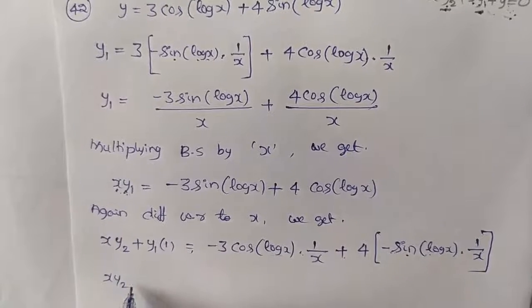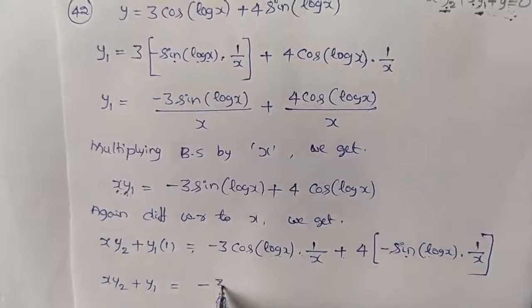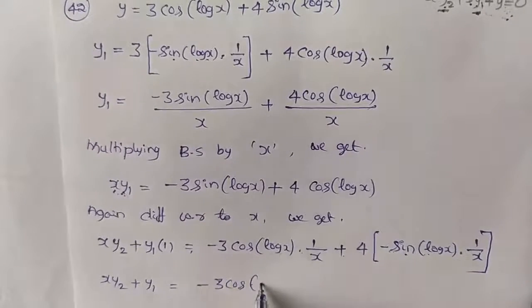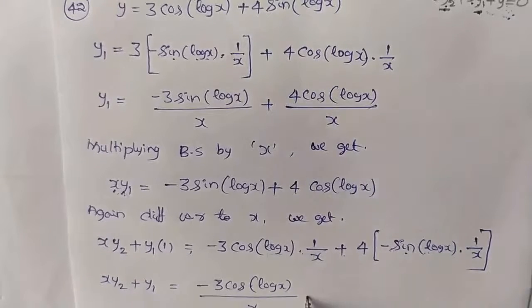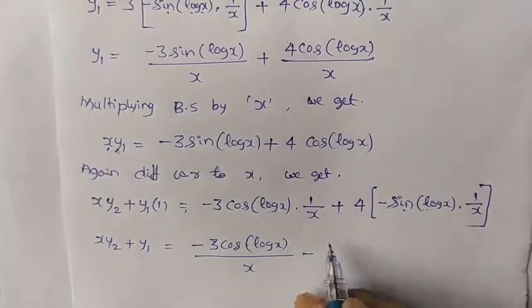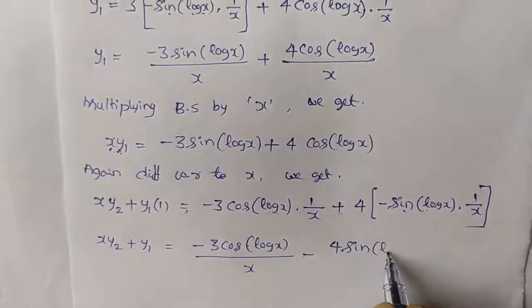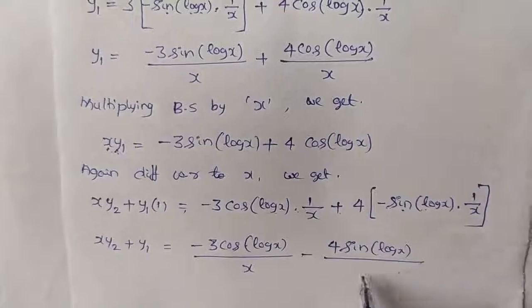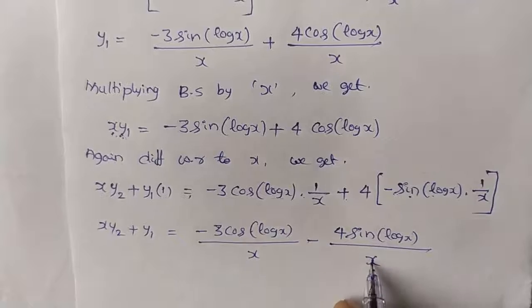So x y2 plus y1 equals minus 3 cos of log x divided by x, and next minus 4 sine of log x divided by x. Here in the denominator we have x and x.